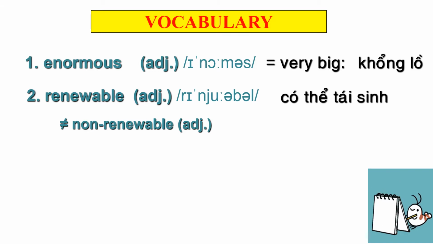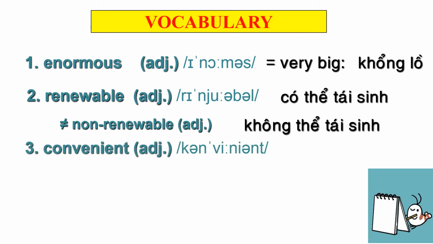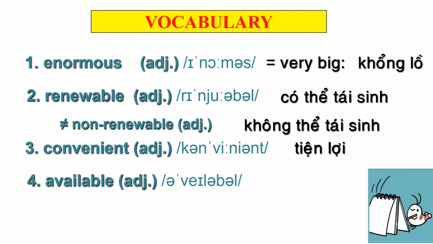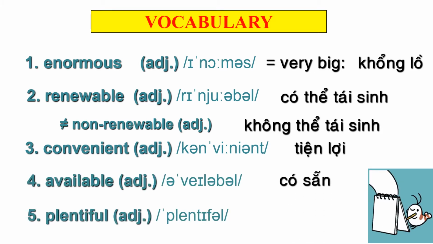Non-renewable has the opposite meaning with the word renewable. Không thể tái sinh. 3. Convenient, nghĩa là tiện lợi. 4. Available, nghĩa là có sẵn.